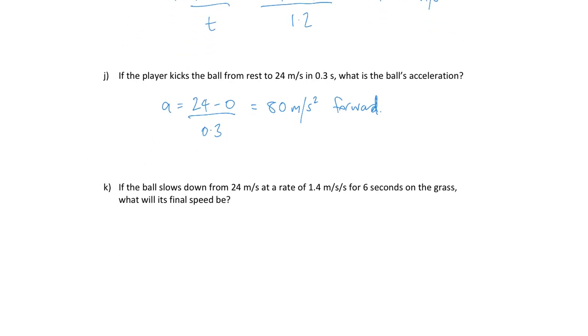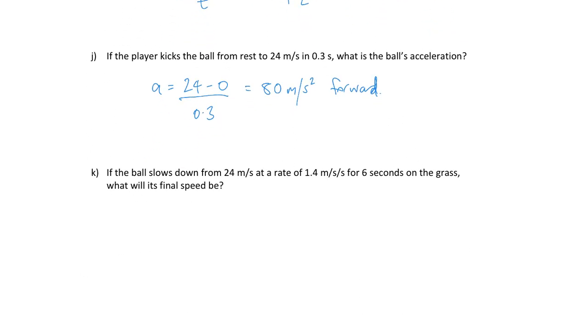And if the ball slows down at a rate of 1.4 meters per second squared for 6 seconds on the grass, what will its final speed be? Right, so this is the final speed. We're looking for the initial speed plus the acceleration times the time. Now, this is decelerating, so the initial speed is 24, but it's going to be slowing down at a rate of 1.4 meters per second squared, which means that it's a negative value for 6 seconds.